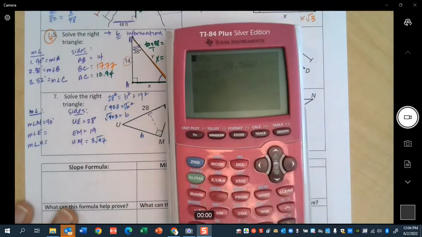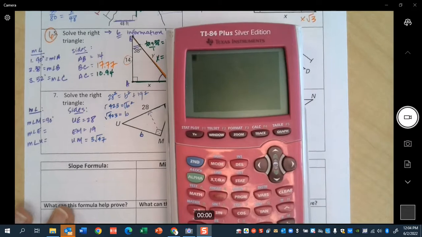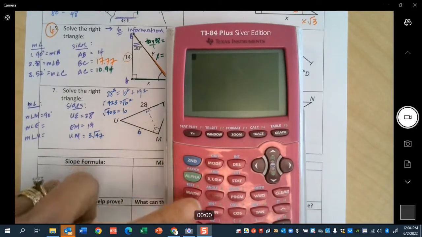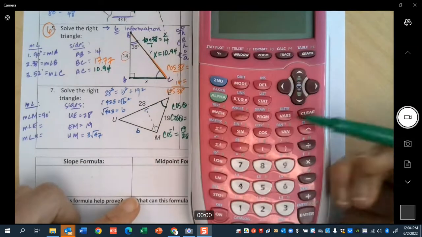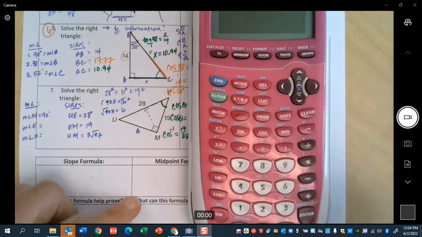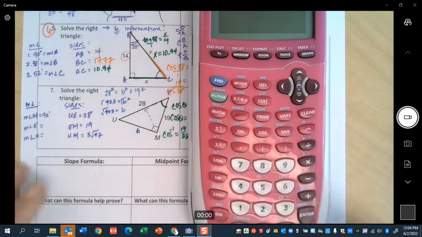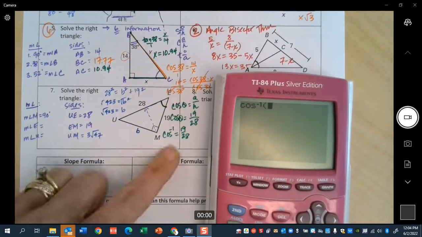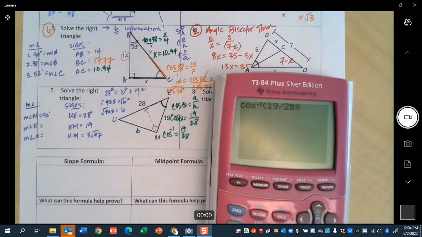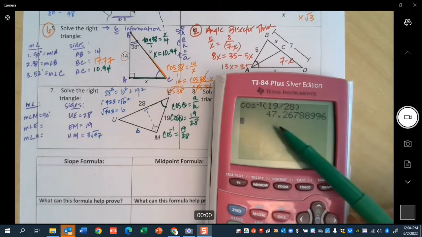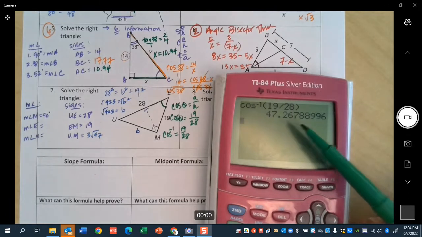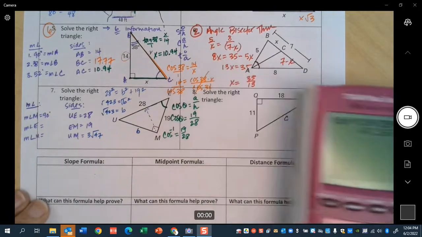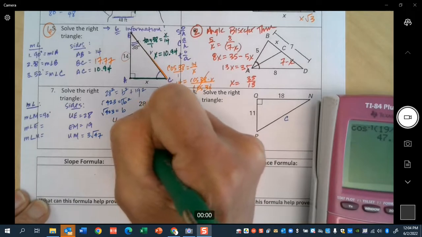Here we go with the calculator. Ready? Because I'm looking for the inverse, I need to use this function here that's above my cosine. So I'm going to use the blue button. The angle whose cosine is 19 divided by 28. And the calculator is going to tell me, oh, that's a 47.27 degree angle. We're going to go ahead and leave that as 47 degrees.